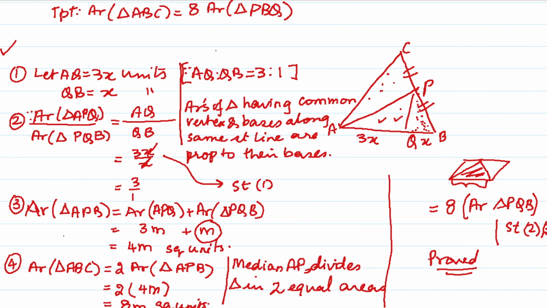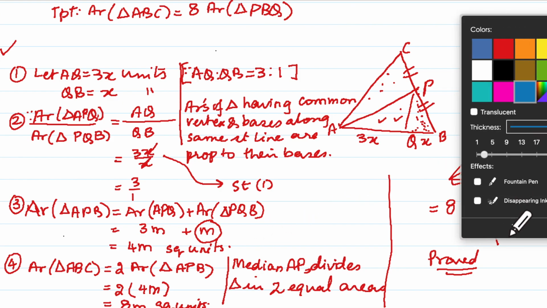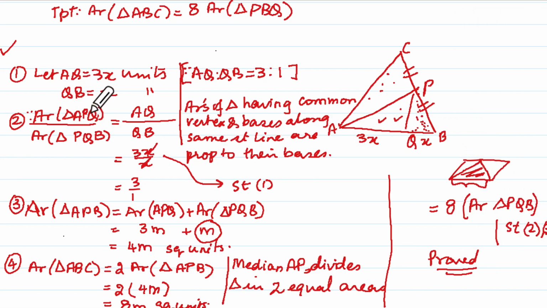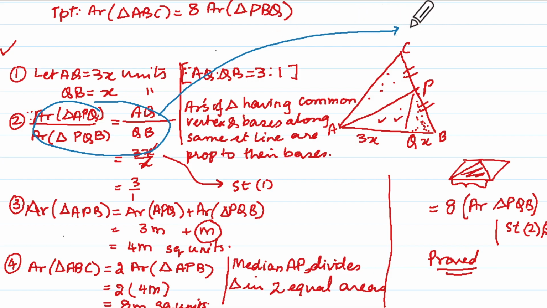Okay, now the alternate method I was telling you was this. In place of this, I could use, because they want ABC, so I will take APB triangle. Okay, so area, right over there statement number 2.